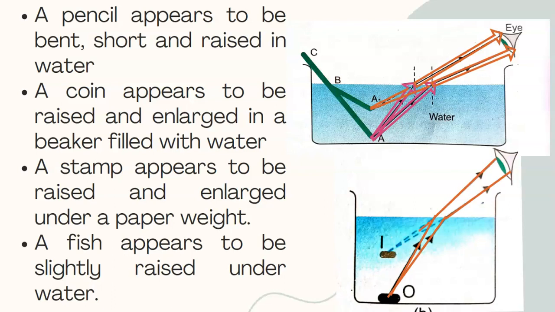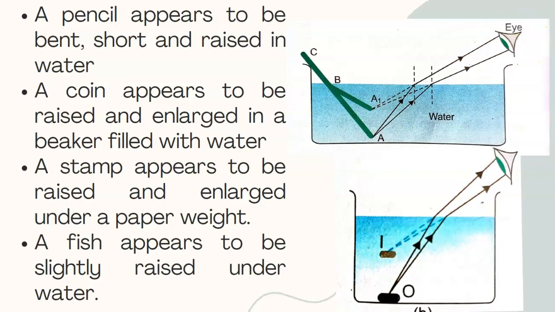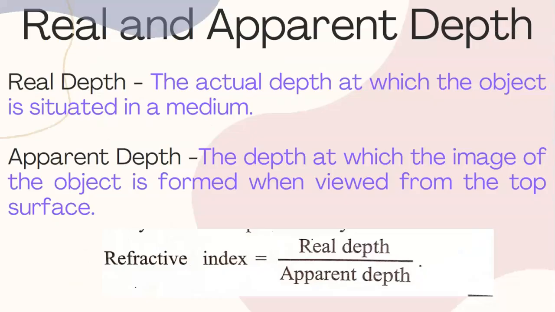If our eye retraces the path backwards, we can see that instead of O, we can see only the apparent image of the coin that is at I. And we can find out the refractive index of the second medium by using the equation refractive index is equal to real depth upon apparent depth, whenever we know the value of real depth and apparent depth for a particular experiment.